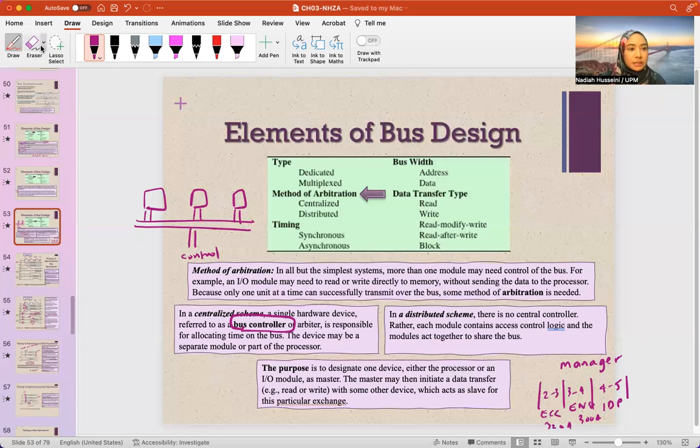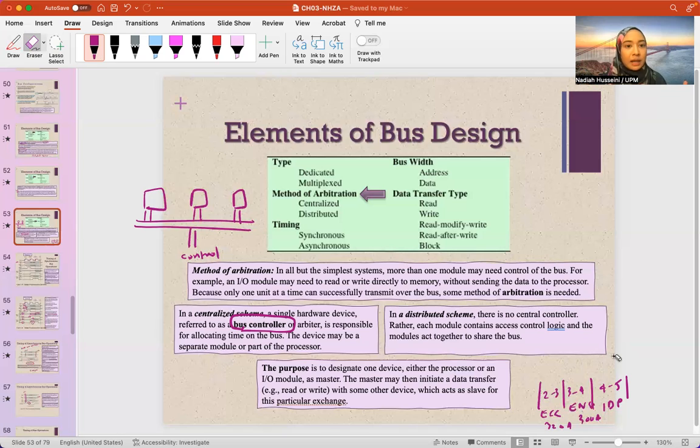Whereas for the distributed scheme, you don't have this manager, but the modules connected to this bus are capable of making this decision. If they were to trigger at the same time, they would see which came first, or which has more priority, or which is more efficient to go first.